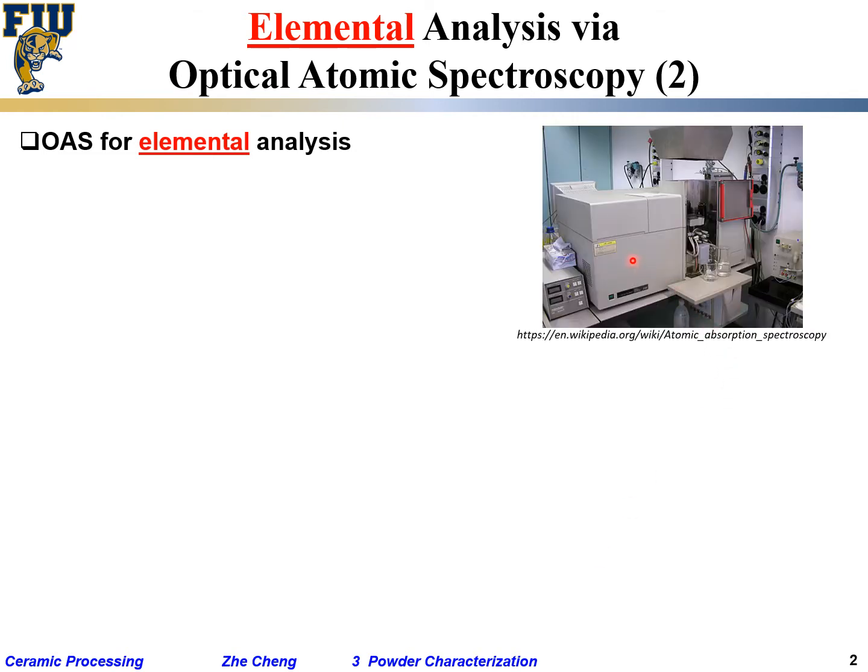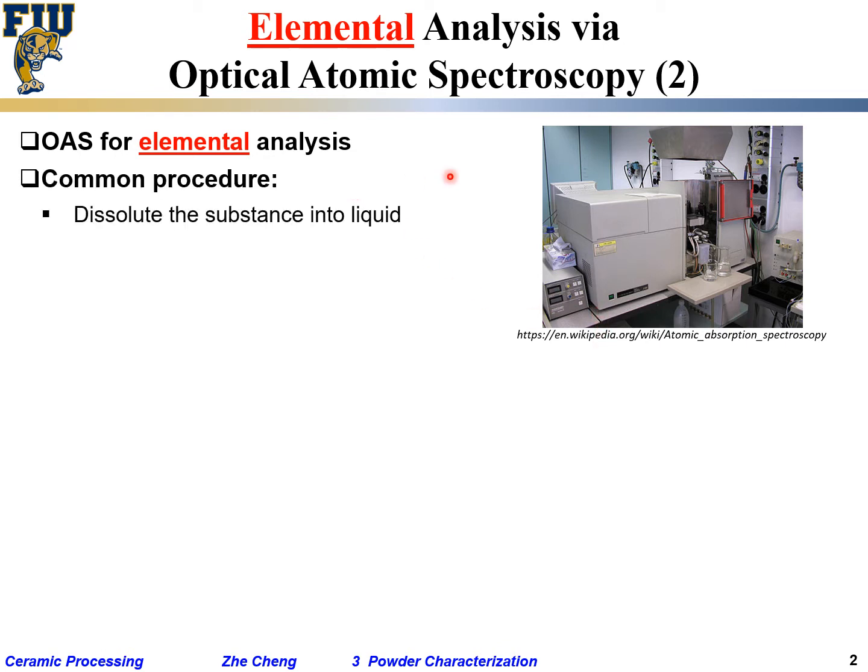And what does it look like? For elemental analysis, OAS quite often uses a machine that looks like this. The common procedure, since we are talking about ceramics, handling solid material, is that quite often you have to dissolve the solid into a liquid, using some acid, some HF, nasty acid, to digest the whole thing into liquid.